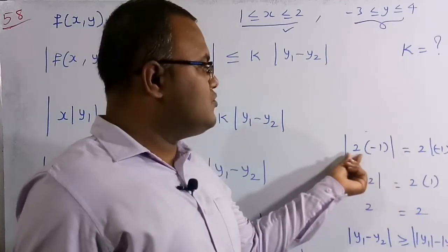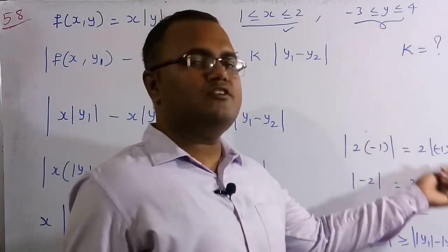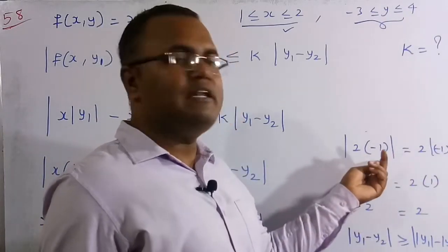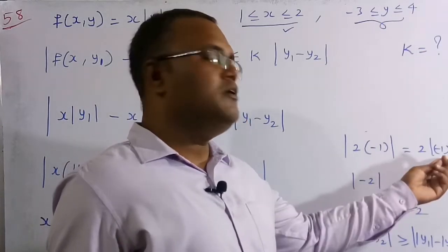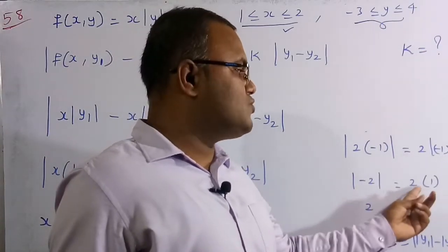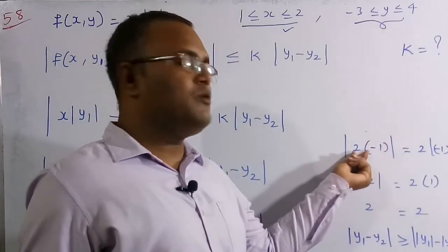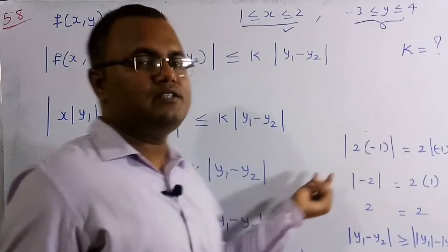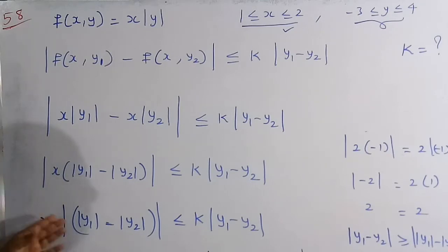Because 2 is a positive value, we can take it outside the modulus. 2 times minus 1 is minus 2, and minus 2 modulus is 2. Here also, 2 times modulus of minus 1 is 2 times 1, which is 2. Both sides are equal, meaning whenever it is a positive value we can take it outside the modulus. Based on the same property, x is a positive value, so we can take it outside the modulus, and remaining everything is the same as the previous one.